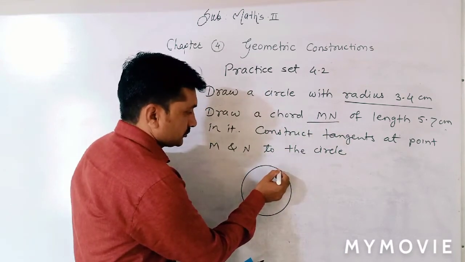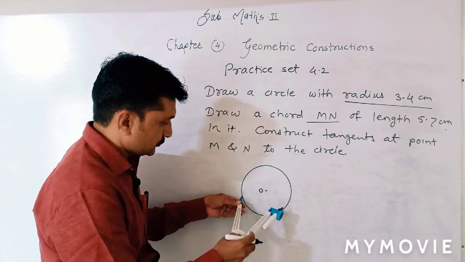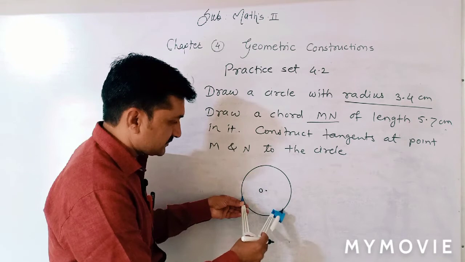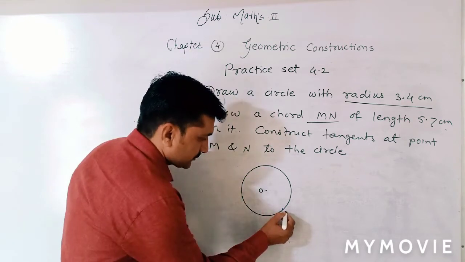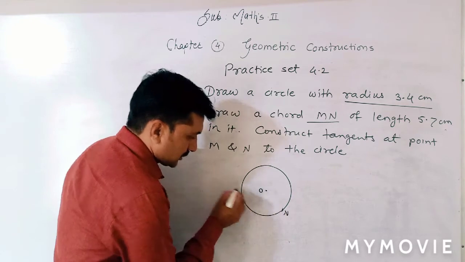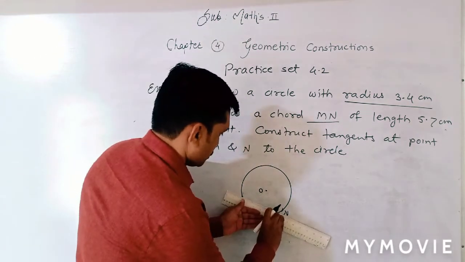Here I take one point M, and from M draw one arc intersecting the circle to get point N. M is here and N we got here, and then join them. This is chord MN.